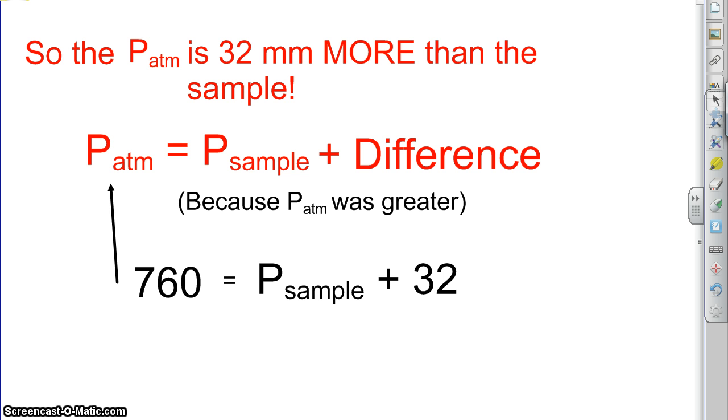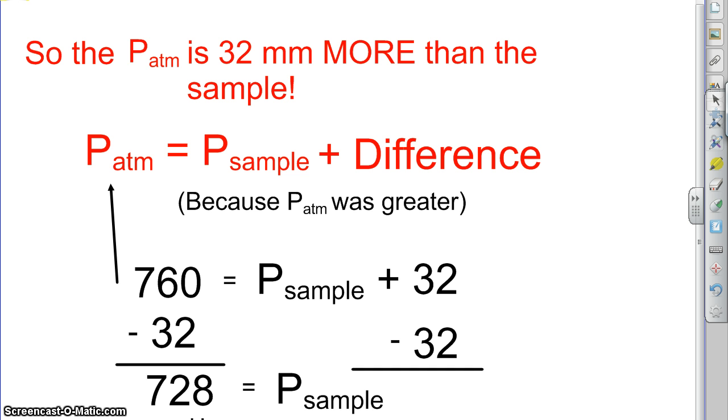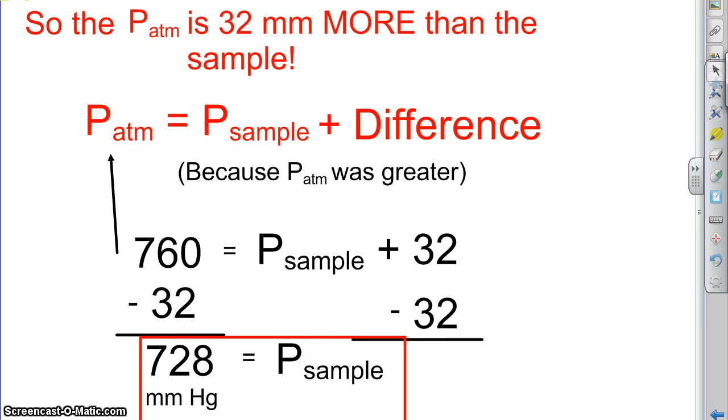Well, we can solve this by subtracting 32 from both sides. So 760 minus 32 is the pressure of our sample, which is 728 torr, or 728 millimeters of mercury. What did I write down there? There we go. And there you go. That's how you would measure the pressure of a gas using an open-end manometer.